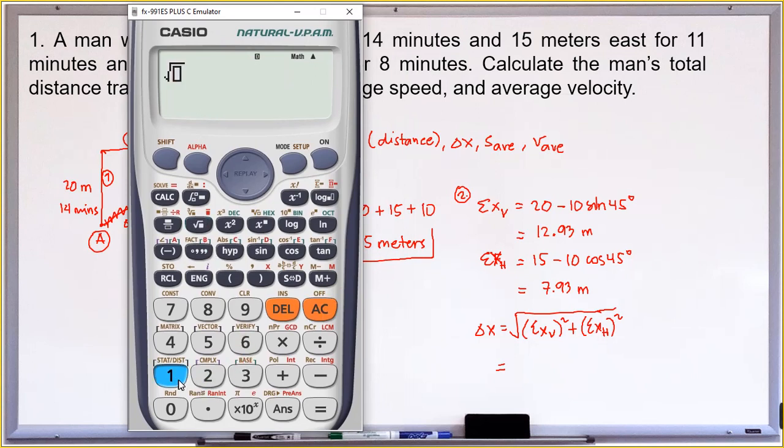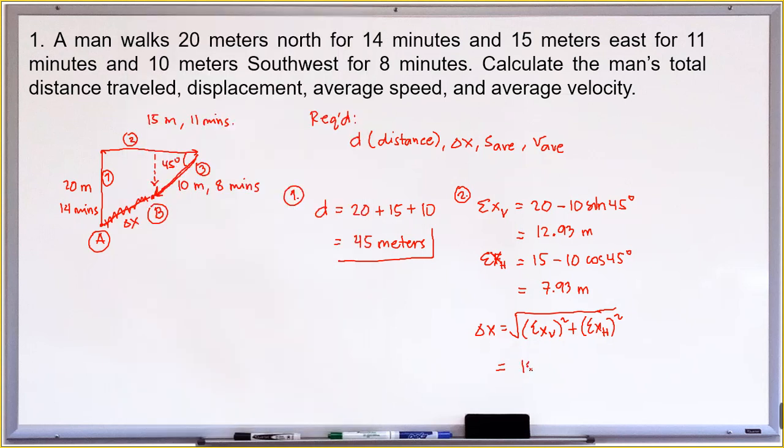Square root of 12.93 squared plus 7.93 squared. So we have 15.17 meters. So that is the shortest distance from your initial position to your final position.